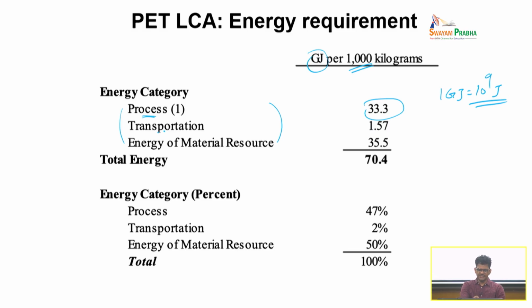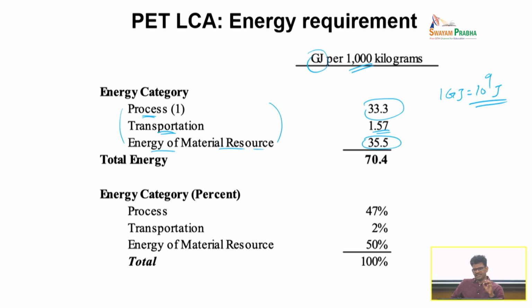The second is transportation. As I said, transportation also requires energy in terms of fuel, diesel, petroleum or gasoline, and that costs about 1.57 gigajoules. And then there is also the energy of material resources.